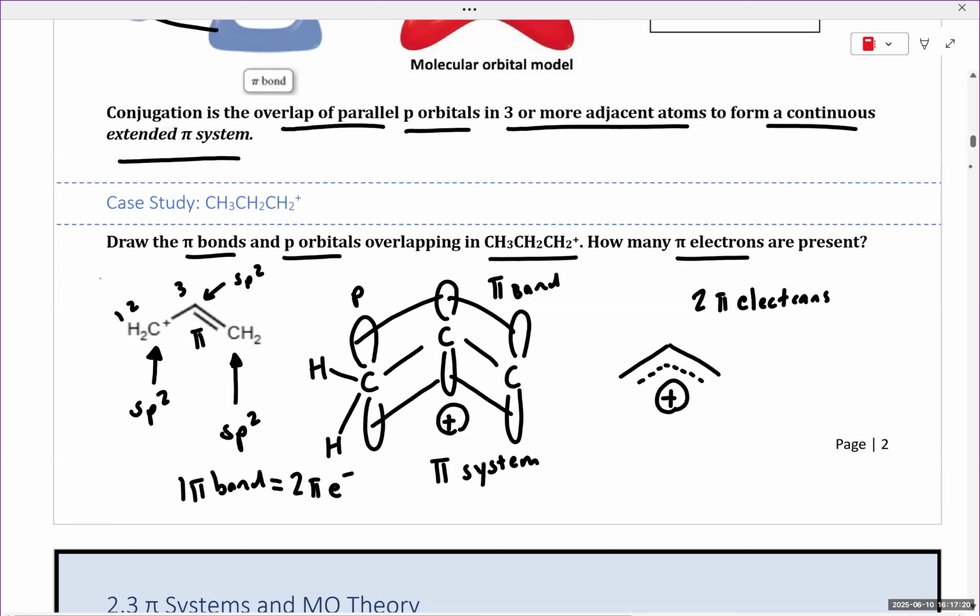We have one pi bond and nothing much else participating in terms of sources of electron density in our pi system, and that pi bond has two pi electrons. Why do we care about this? Well, it's important to be able to count pi electrons as it tells us a little bit about the reactivity and behavior of our pi system, of our conjugated system. This is going to be very important later on.